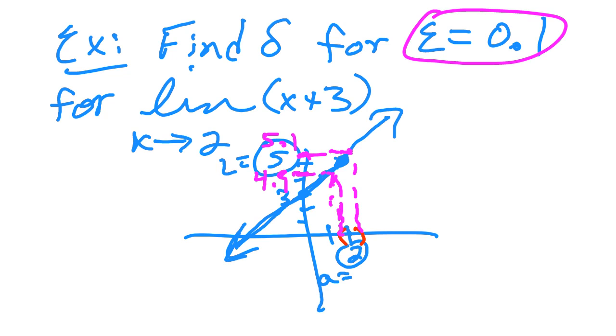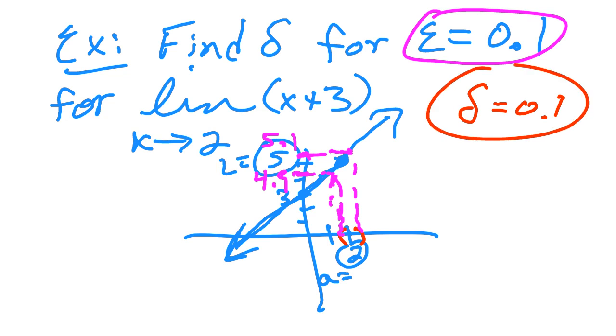In this case, if delta equals 0.1, then that would be anything from 1.9 to 2.1. Any x values in there would map up. If I had 1.95, it's going to map up in that window. If I had 2.03, it's going to map up between 4.9 and 5.1.